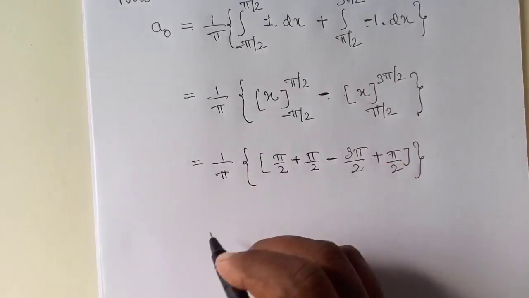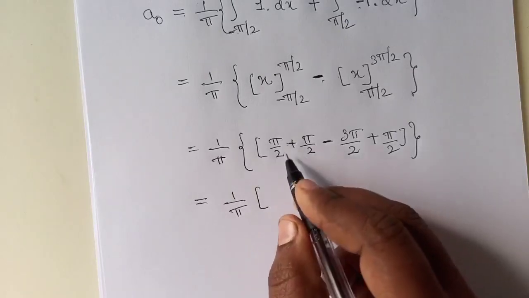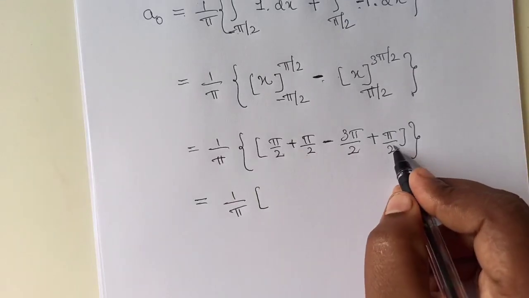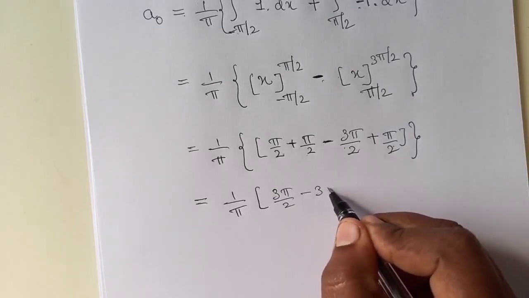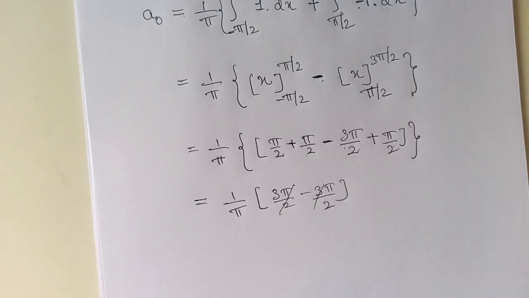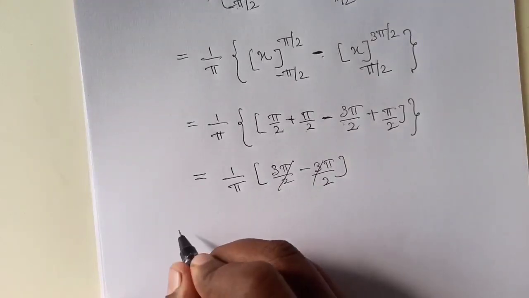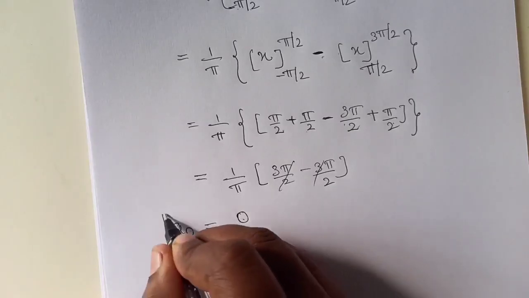Now adding these and simplifying, we get 1 by pi: pi by 2 plus pi by 2 plus pi by 2 is equal to 3 pi by 2. Here we have one more, that is minus 3 pi by 2. This 3 pi by 2 and minus 3 pi by 2 get cancelled. We get a0 equals 0, right?